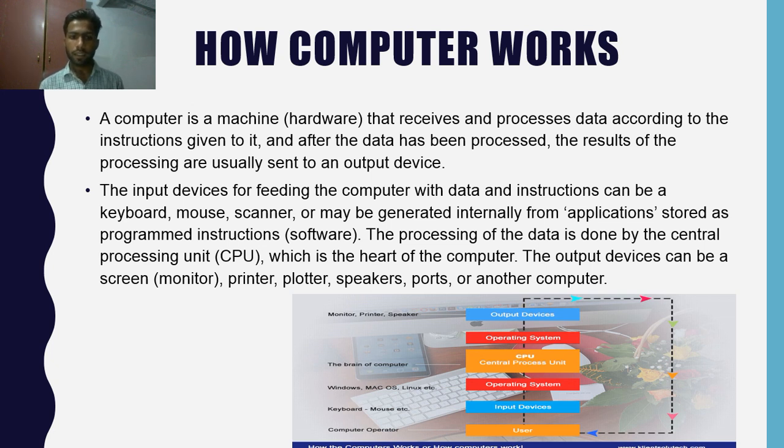The input device is for feeding the computer with data and instructions, and can be a keyboard, mouse, scanner, or may be generated internally from applications stored as programmed instruction software. The processing of the data is done by the central processing unit, CPU, which is the brain or heart of the computer. The output devices can be a screen, monitor, printer, plotter, speaker, ports, or another computer.